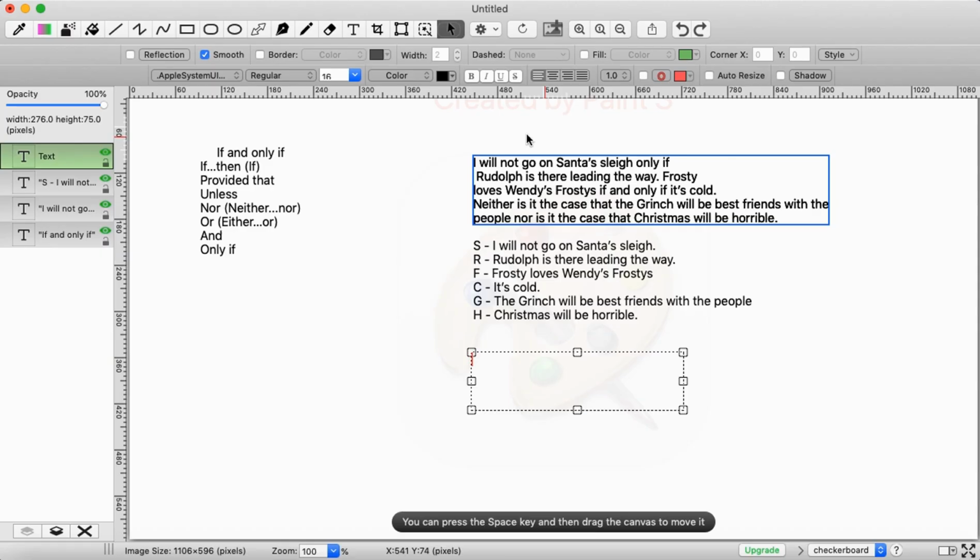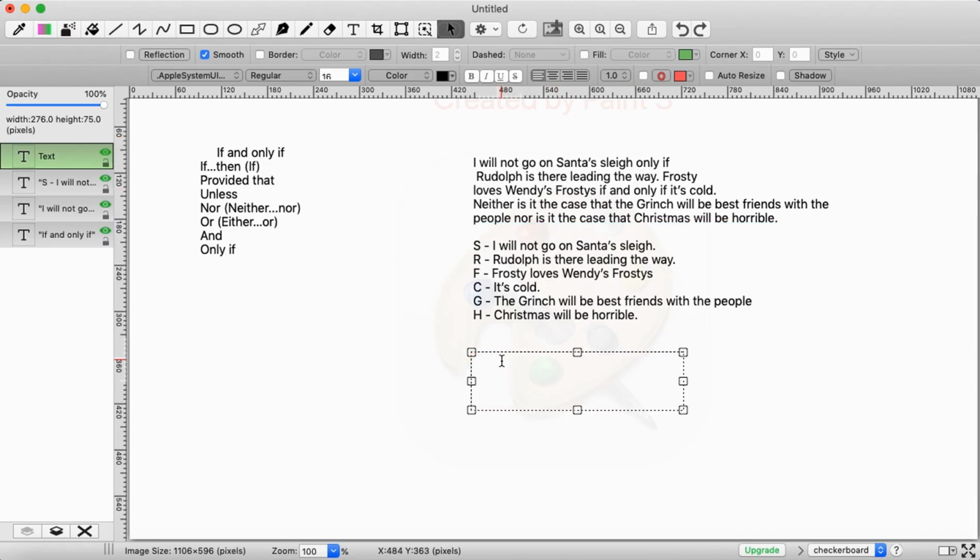Okay, the first one. I will not go on only if Rudolph is there leading the way. So that means that we go S to R. And you should stop before and try to solve this yourself. Frosty loves Wendy's Frosties if and only if it's cold.